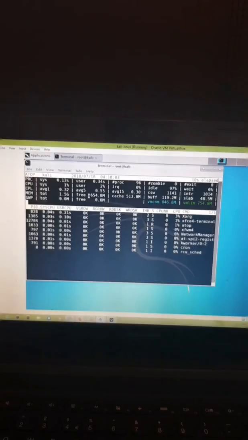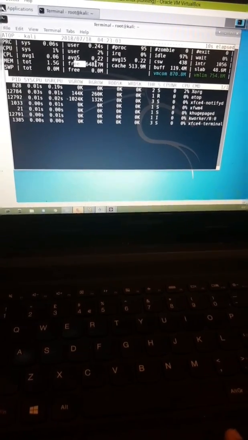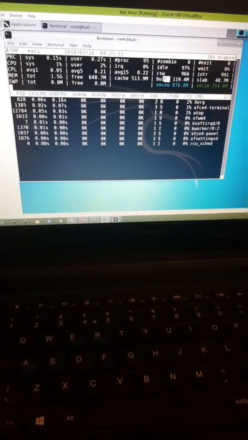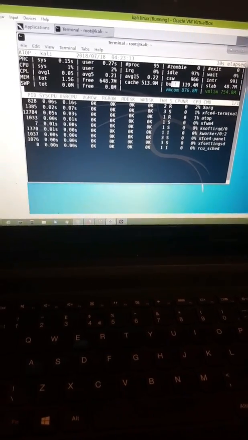And the MEM is for the memory. That is total information about the memory consumption. Here is for the total memory. We also have this for the amount of free memory at the time, that is 648.7 megabytes. Then this is for the cache memory. BUFF means the amount of memory used by the file system for metadata.